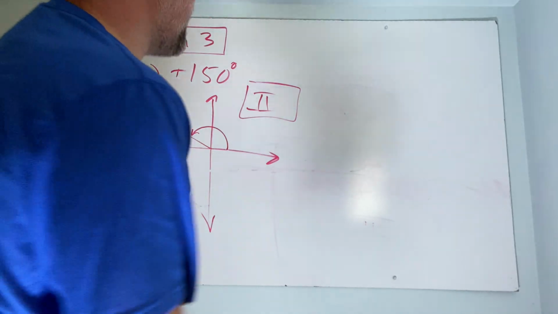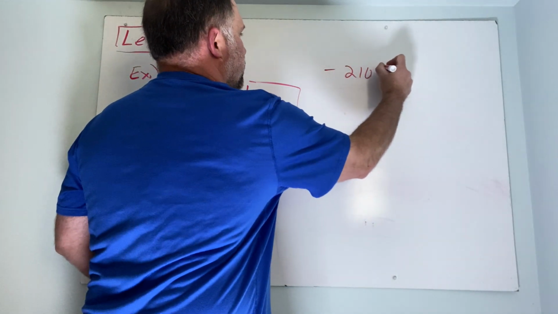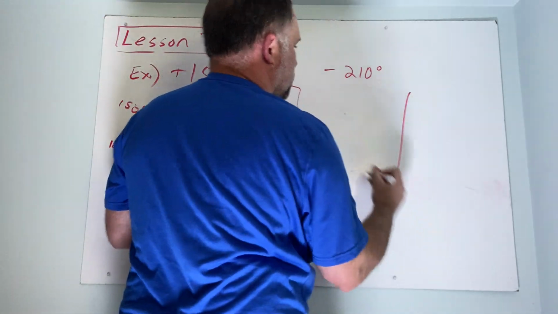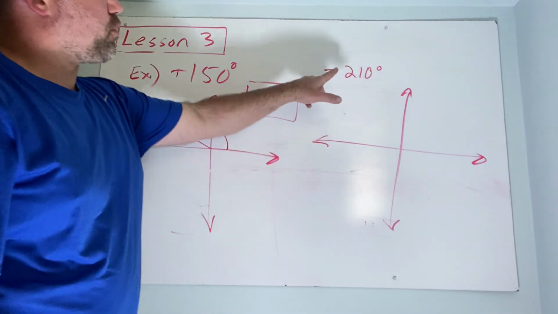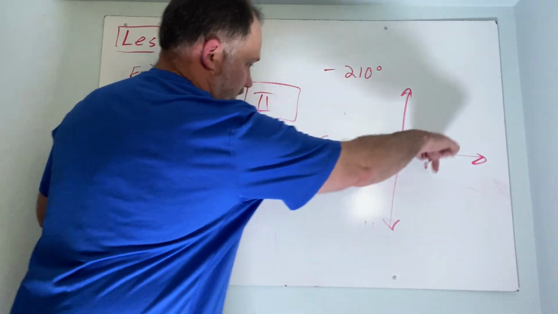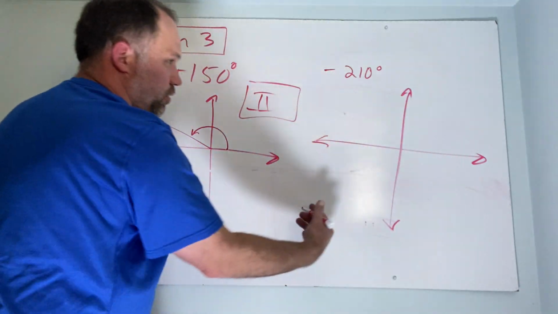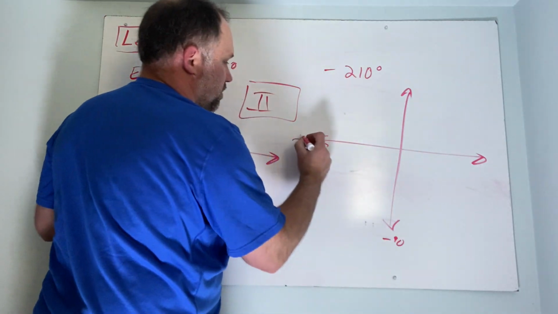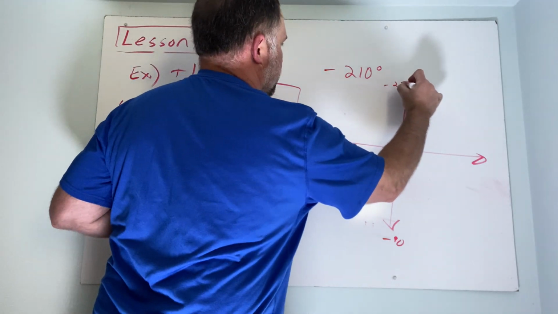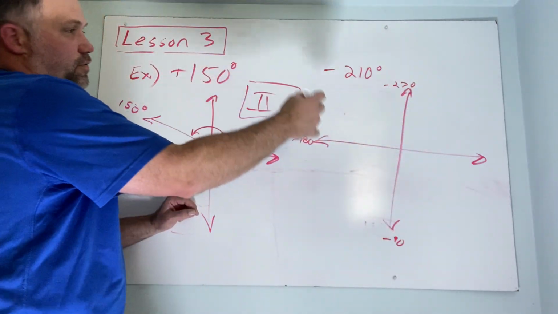All right. Okay, let's try one more. Let's do negative 210 degrees. So this time we're negative, so we're going to go in the negative direction. So we're heading this way. So this is negative 90, this is negative 180, this is negative 270. So we're going negative 210.